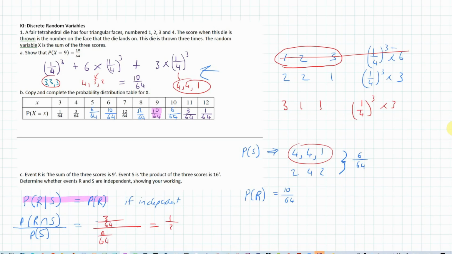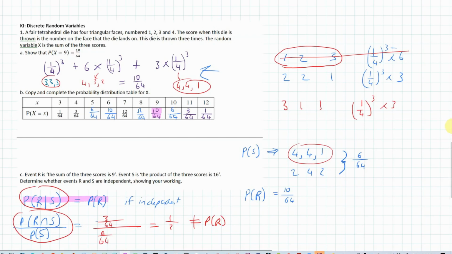Now you can see that this does not equal the probability of R. So just to clarify, this here is this here, and you can see that it does not equal probability of R. Therefore, because probability of R is 10 over 64, therefore they are not independent.